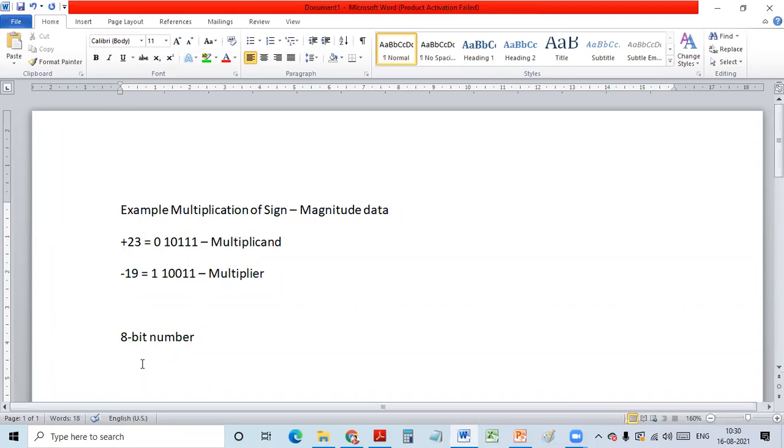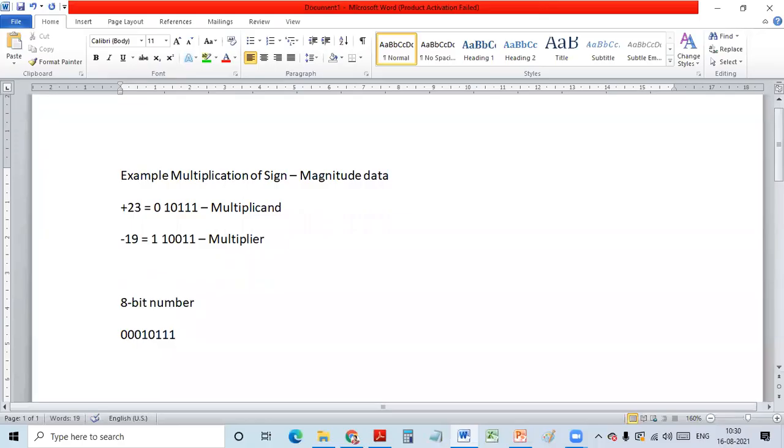What about the remaining 2 bits? Two zeros are added in front. Zeros will be added at the left side of the number: 0, 0, 0, 1, 0, 1, 1, 1.